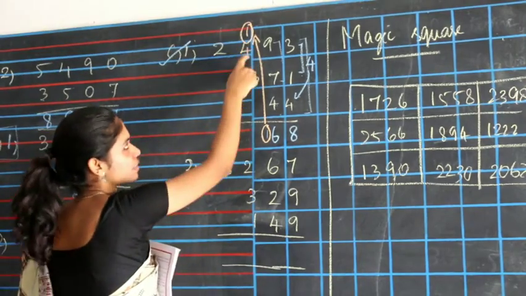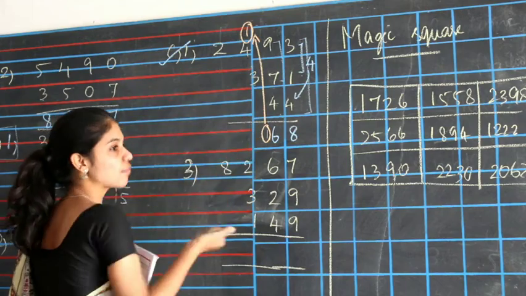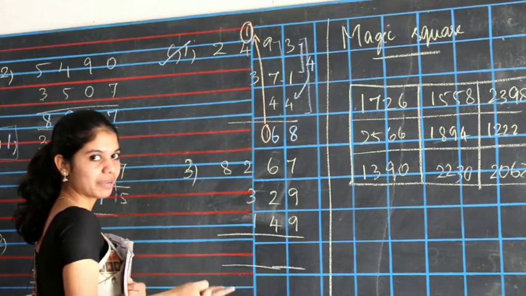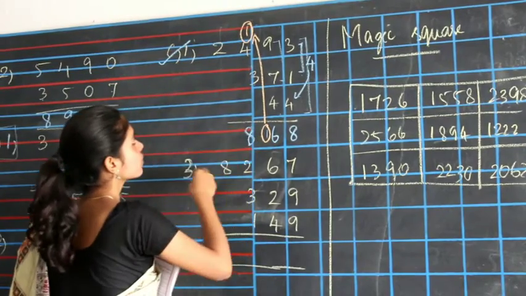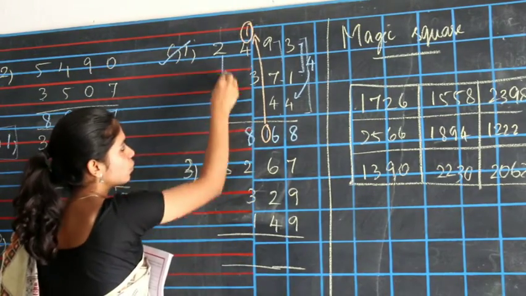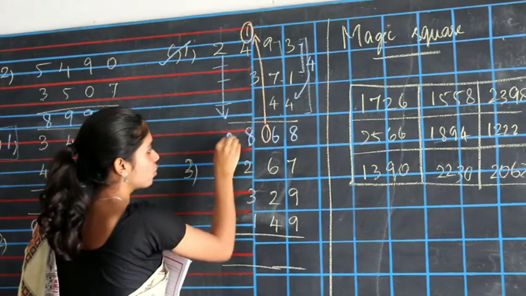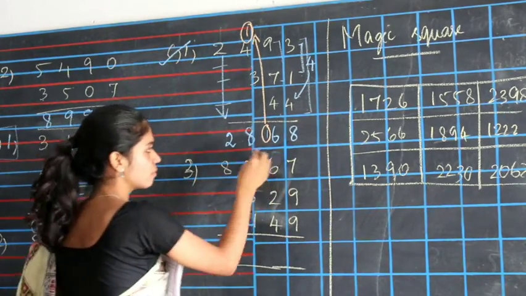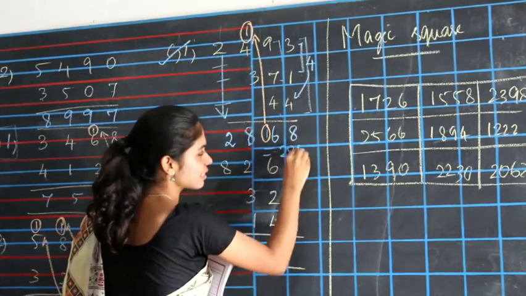So 1 plus 4 will be 5. 5 plus 3 will be 5 in your mind, 3 in your fingers. 5, after 6, 7 and 8. Here you have nothing, so you will write 2 as it is. So your answer will be 2, 8, 6 and 8.